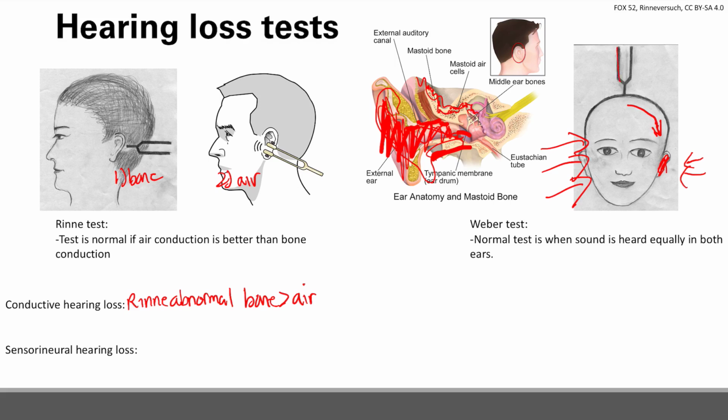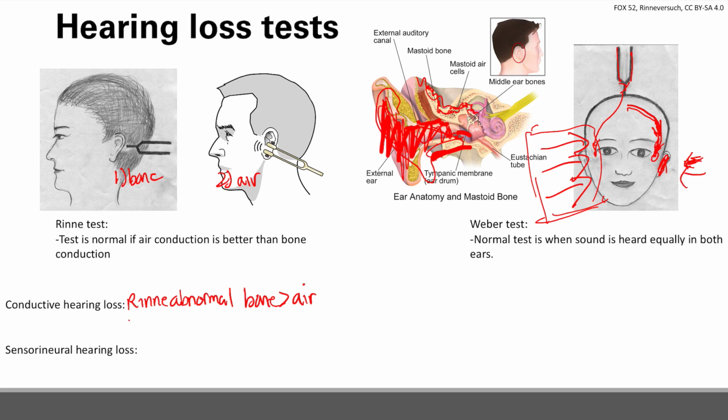But this tuning fork on the head is going to skip the outside of the ear and transmit directly to the inner ear. So it's going to go straight to the inner ear. This side is going to go straight to the inner ear. So you have extra disturbances here. There's more other noise that's going to reduce the amount of sound you can hear from this tuning fork. This side doesn't hear much noise. So they're going to perceive this sound much louder on the affected side.